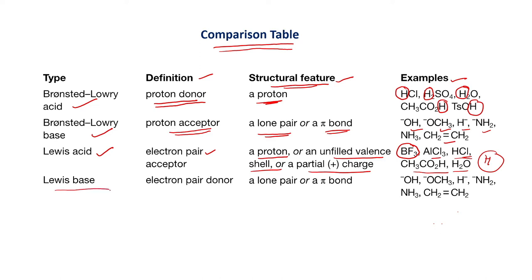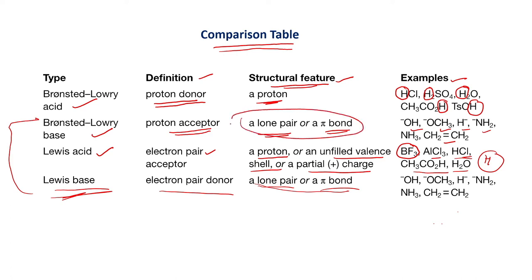And in Lewis bases the definition is electron pair donor. So they have a lone pair or a pi bond system. So Lewis bases are the same as Bronsted-Lowry bases because you can see the structural features are the same in both classes.